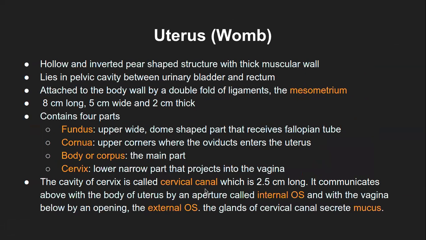The cavity of the cervix is called the cervical canal, and it is just a 2.5 centimeter long tube. It communicates above with the body of the uterus by an aperture called the internal os, while the vagina is below the opening.